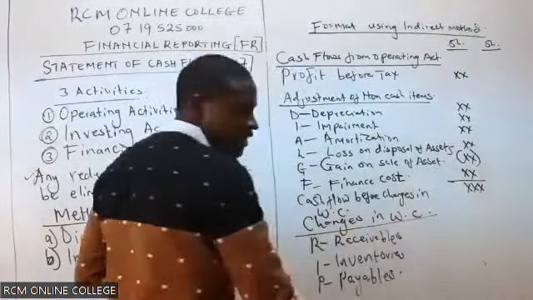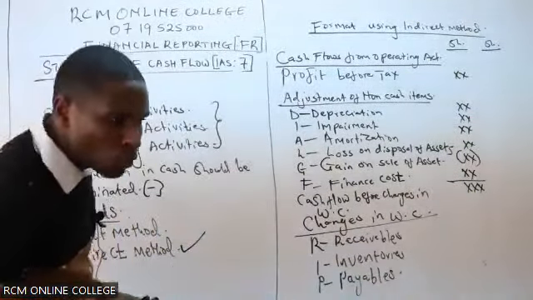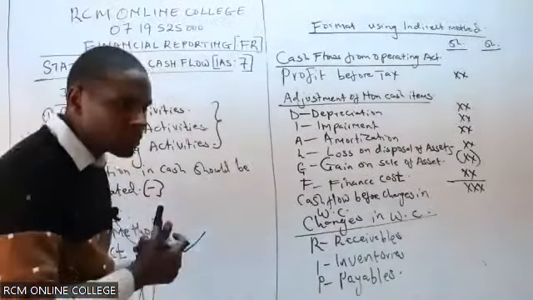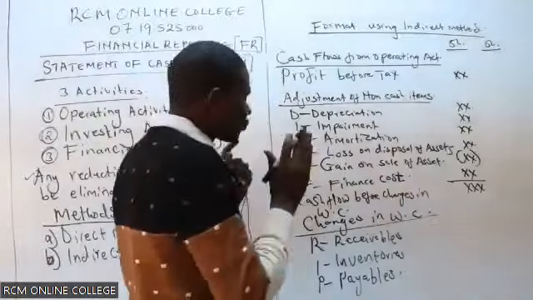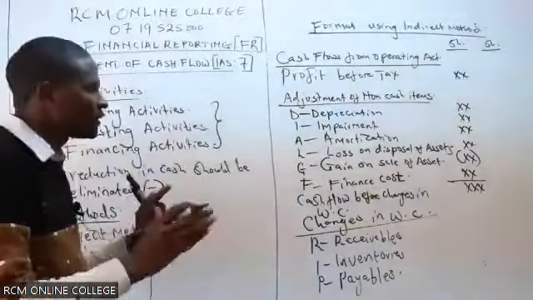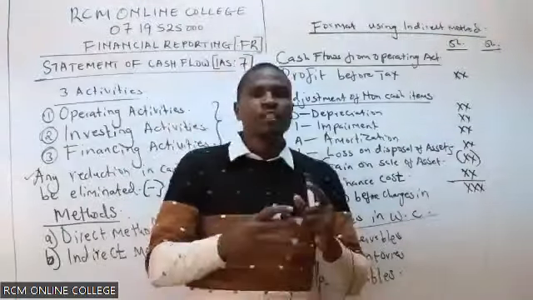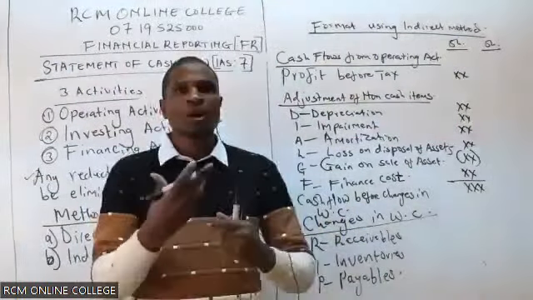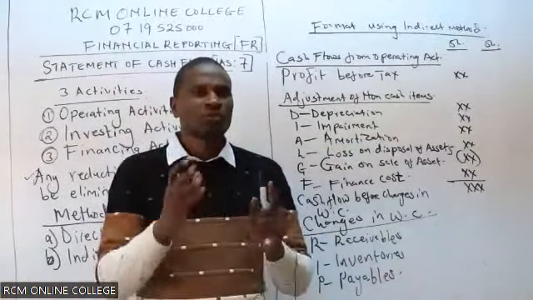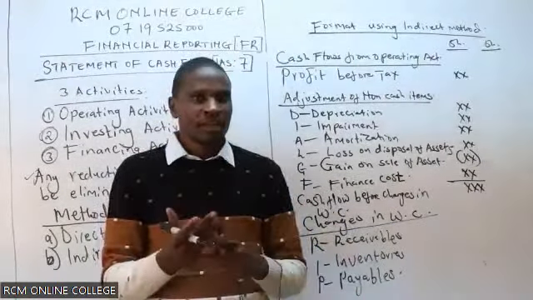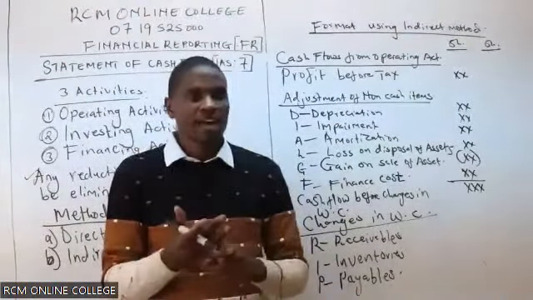There is something I want you to note. We need to know, during the financial year, what happened to our receivables. Of course, you'll have two periods, the previous and the current.